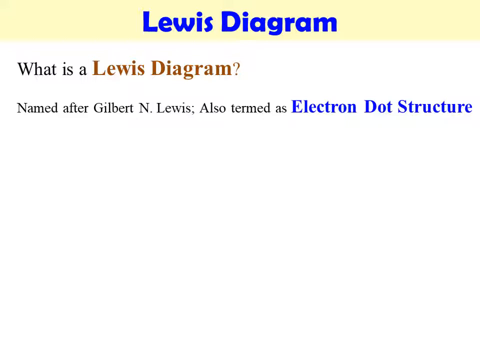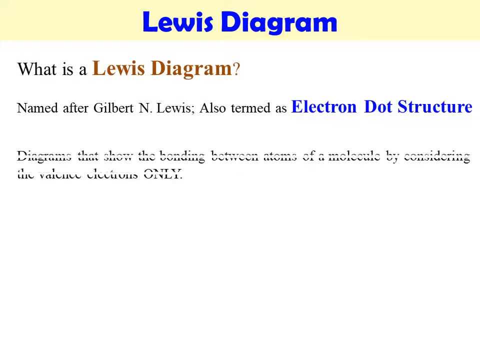He proposed that there should be a new way to represent molecules, a different method, of course. It is also termed the electron dot structure. Why we call it the electron dot structure, we will come to that also.